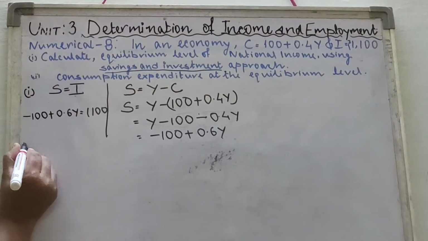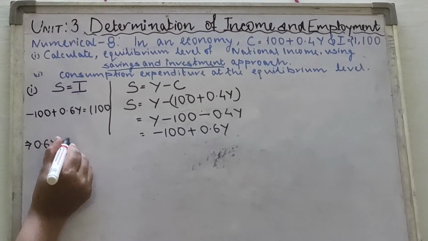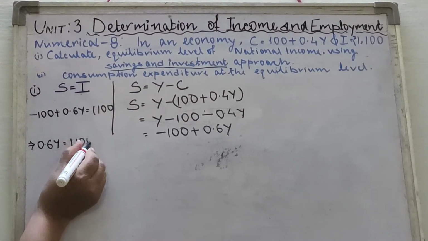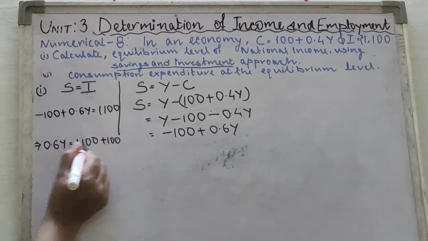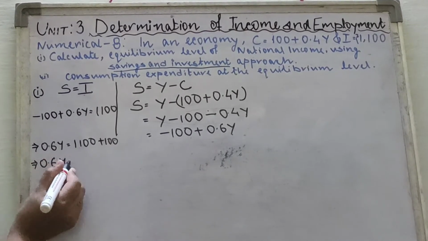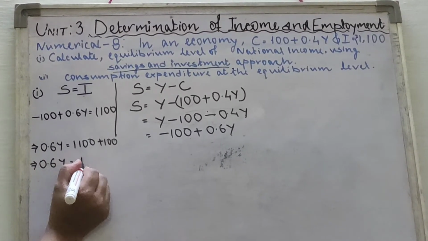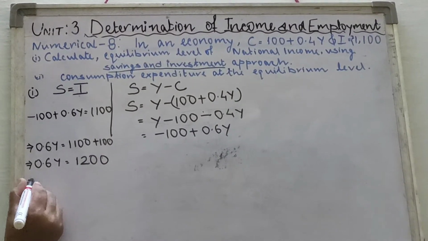Now 0.6Y is equal to 1100 plus 100, 0.6Y is equal to 1200.